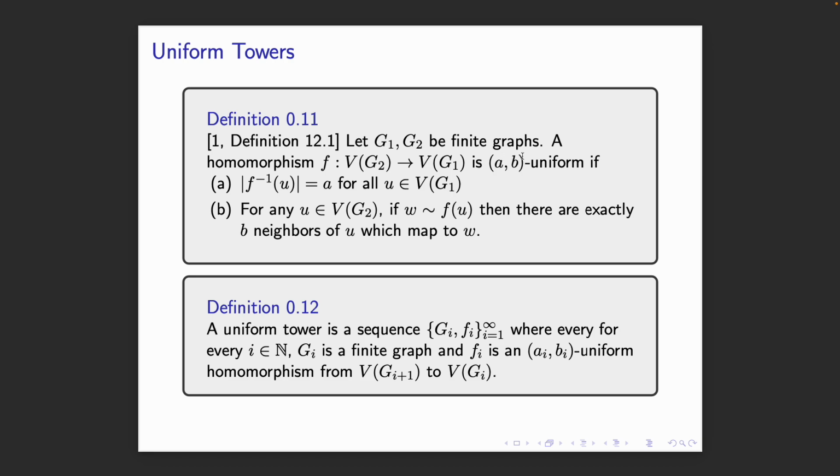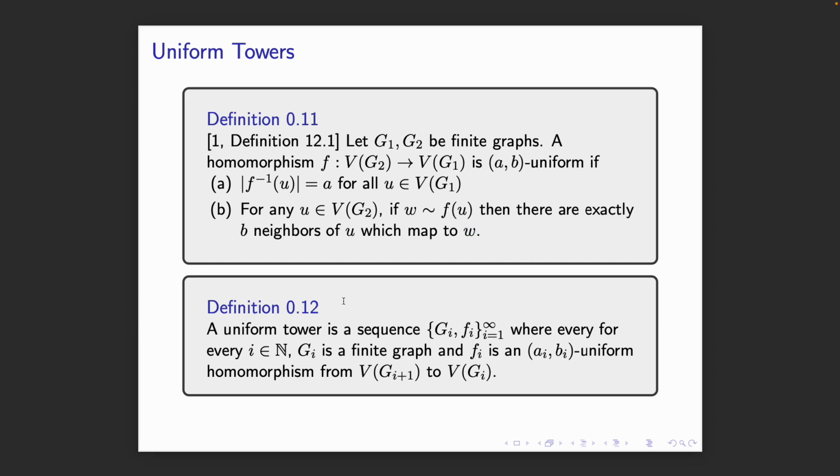We say that it's AB uniform if the pre-image of any vertex has size A. And if we have any vertex in the domain, and then we have a neighbor of the image of that vertex, then there must be exactly B neighbors of the original vertex which are mapped to that neighbor.